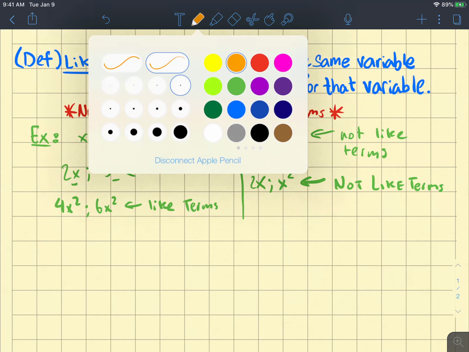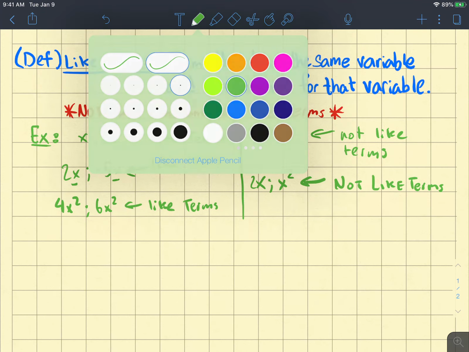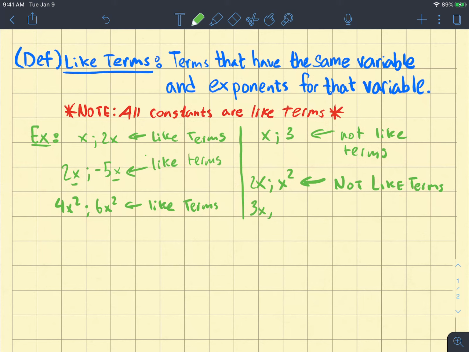And for a final example, something like 3x and 4x cubed. Also not like terms. And you're probably like, Sanchez, why are we doing this?